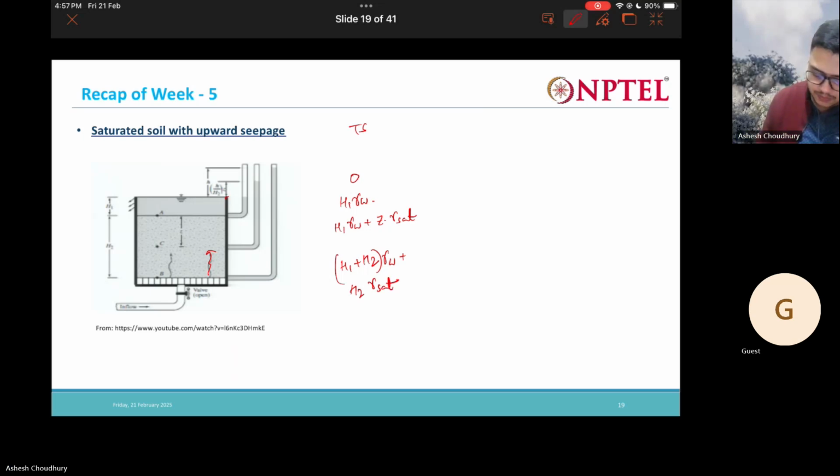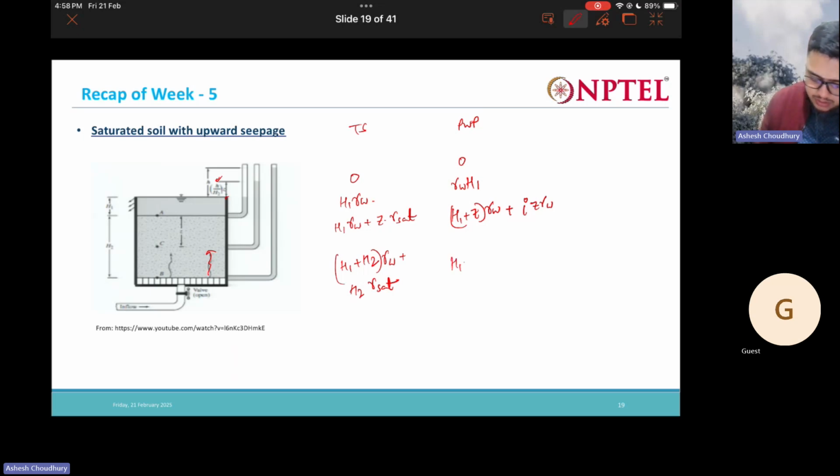Pore water pressure 0. Now h1 plus z gamma w plus i z gamma w. i is nothing but this h by h2. This h by h2 I'm writing is i. i z gamma w. Okay.